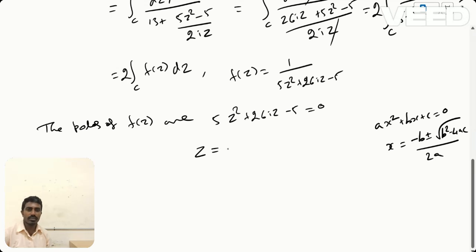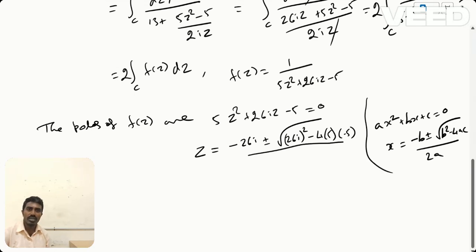So z equal to minus b, so minus 26i plus or minus square root of b square. b square is 26i square, minus 4a is 5, c is minus 5, by 2a. So 2 into 5.